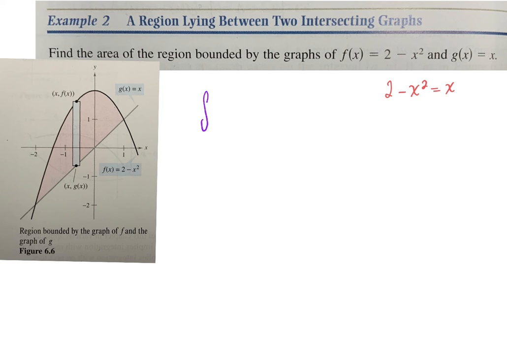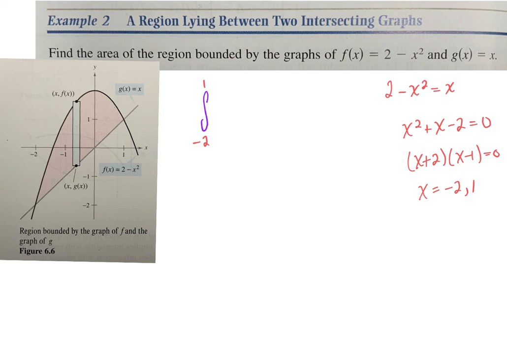So move everything to one side. I'm going to have x squared plus x minus 2 equals 0. Really easy factoring that they gave us, right? x plus 2, x minus 1. So that means x is going to equal negative 2 and positive 1. And so from that, I just got my boundaries of negative 2 and positive 1.